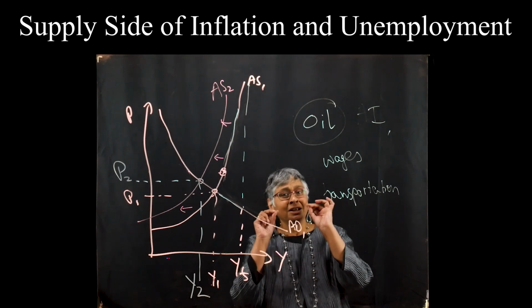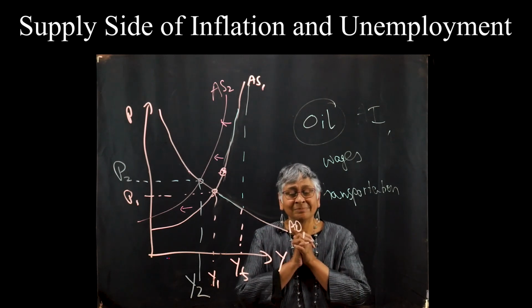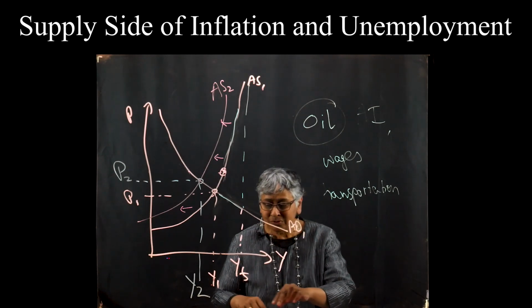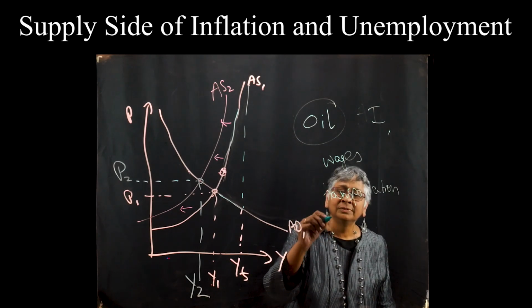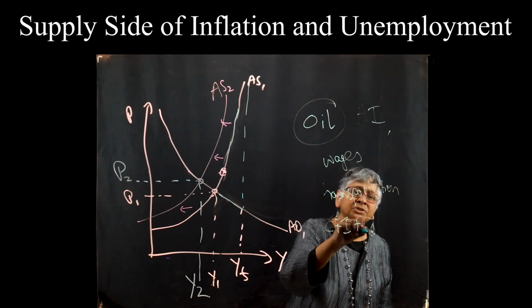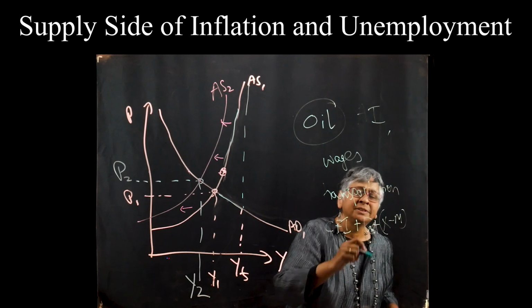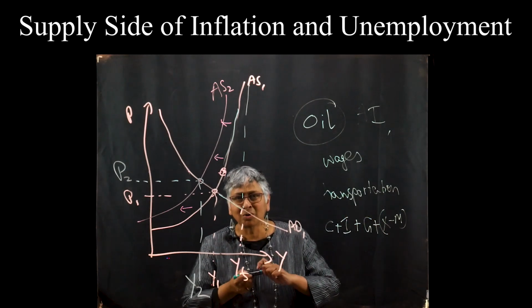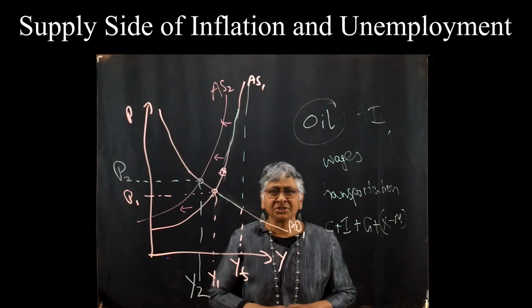And now here is where it gets really difficult. I know what I can do to fix C plus I plus G plus X minus M, the thing I taught you about with fiscal and monetary policy. That works through the demand side.